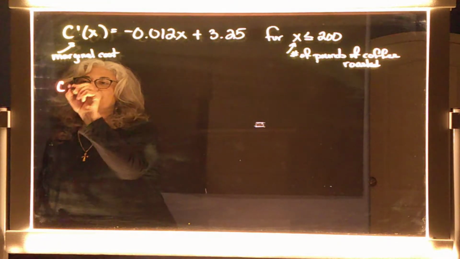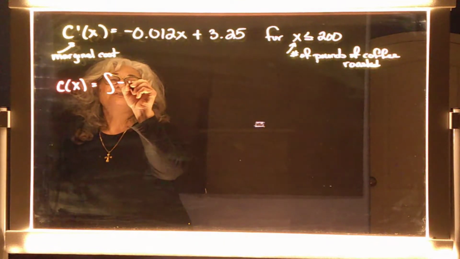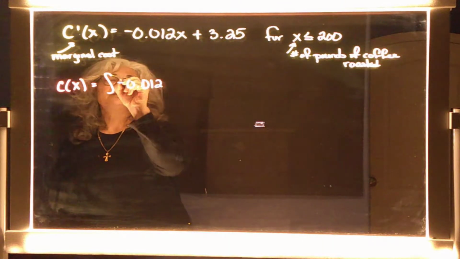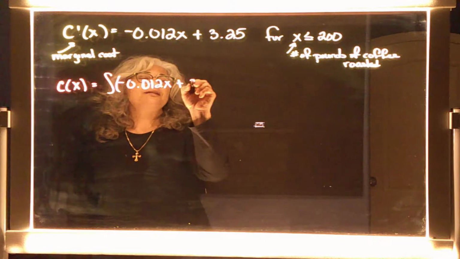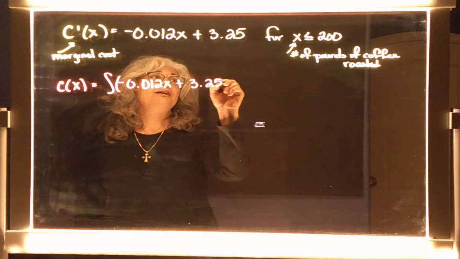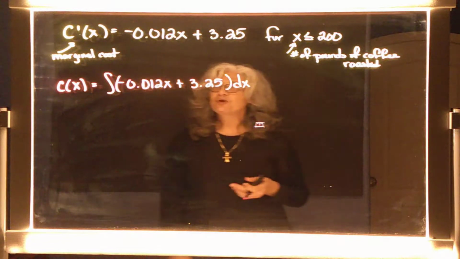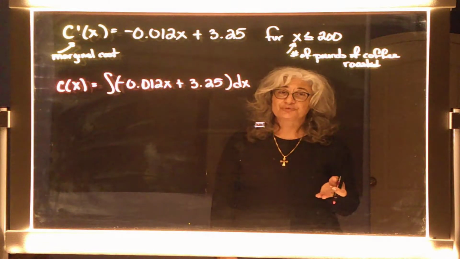So to find the actual cost, we've got to take the antiderivative of this function, negative 0.012x plus 3.25 with respect to x. I'm hoping you're getting very good at taking the antiderivative.